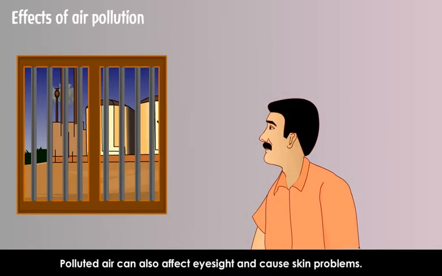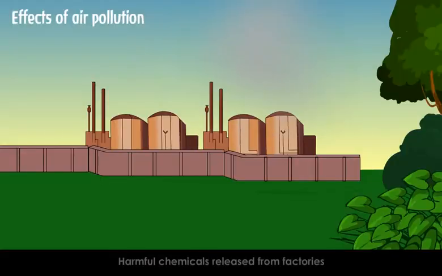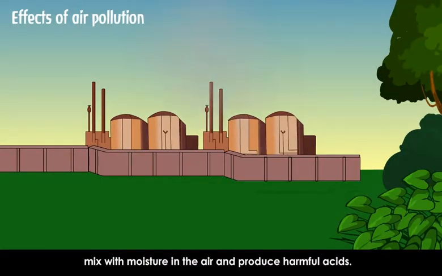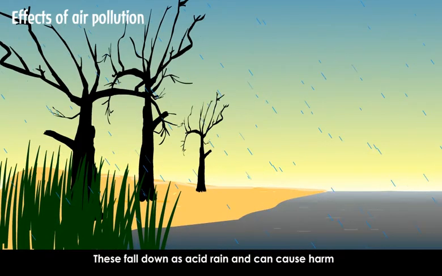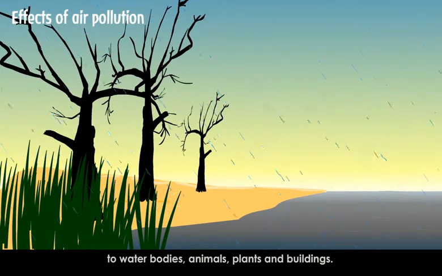Polluted air can also affect eyesight and cause skin problems. Harmful chemicals released from factories mix with moisture in the air and produce harmful acids. These fall down as acid rain and can cause harm to water bodies, animals, plants and buildings.